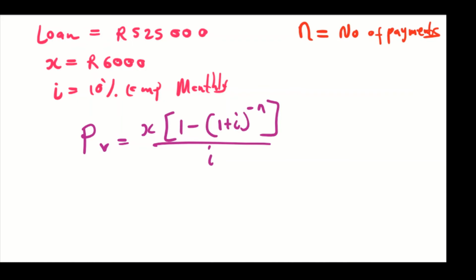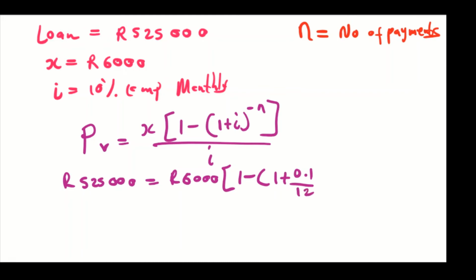So the loan that is taken here, 525000, is equal to 6,000 rand every month, times 1 minus (1 plus the interest rate of 10%, so 0.1 divided by 12 because it's compounded monthly) to the power of minus n, and then we divide by 0.1 over 12, right?